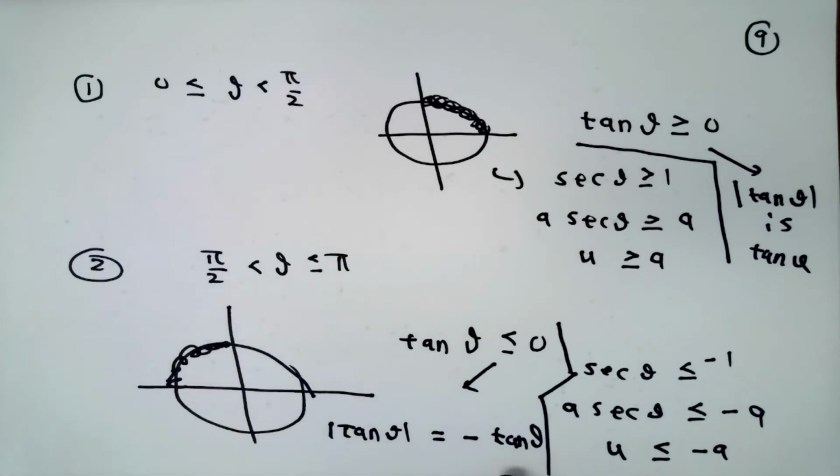This corresponds to the situation where the secant of theta is less than or equal to -1. A times secant of theta will be less than or equal to -a. This will correspond to the other situation in which the radical makes sense, u being smaller than or equal to -a.